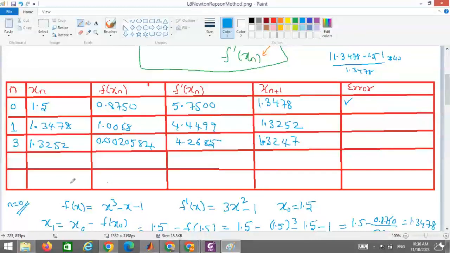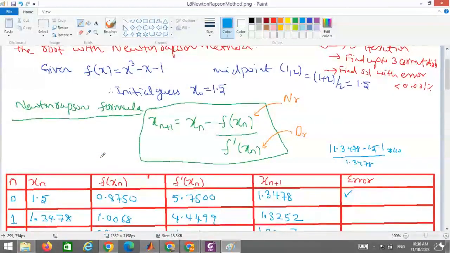Now, after getting this, in the fourth iteration, this is the value 1.3247. Now in order to find x5, we have to again put the value n is equal to 4 here.